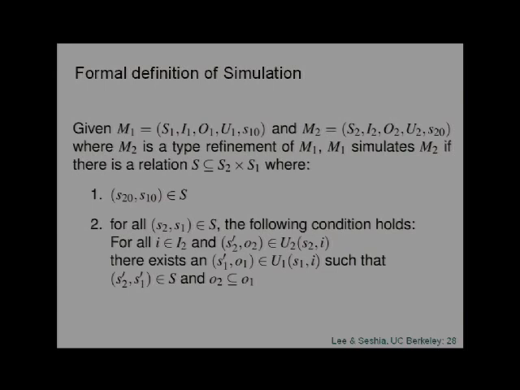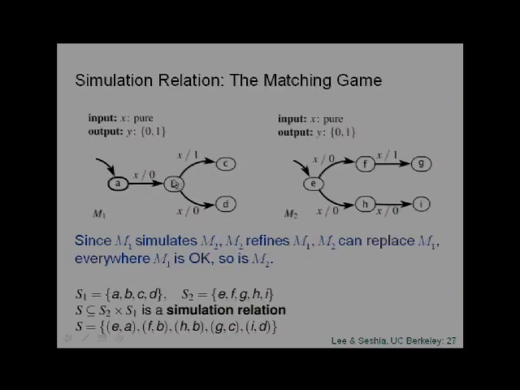suppose you have a single transition from H to G, which is labeled with X/1, right? Then does M2 simulate M1?